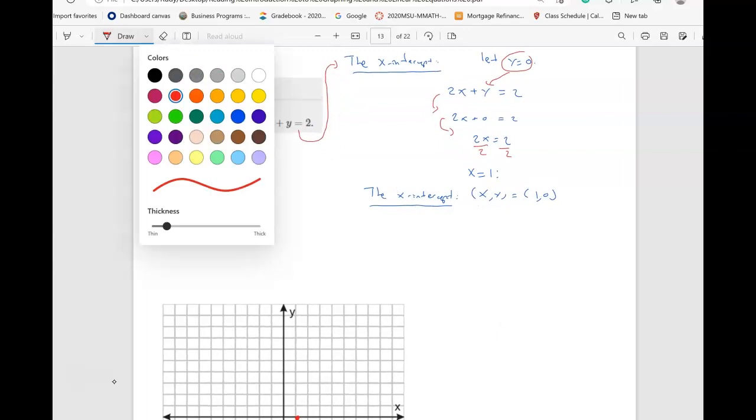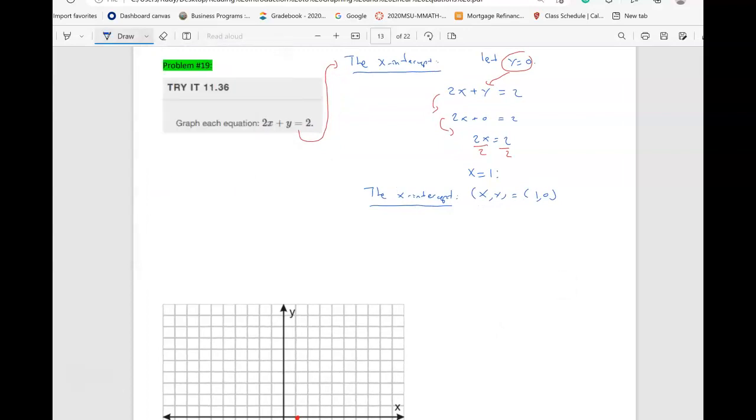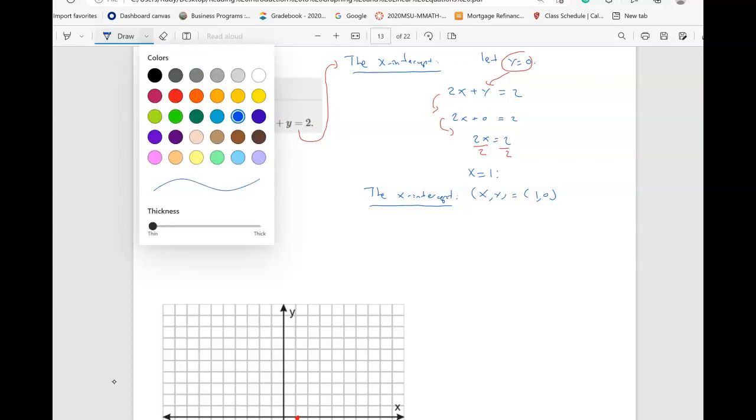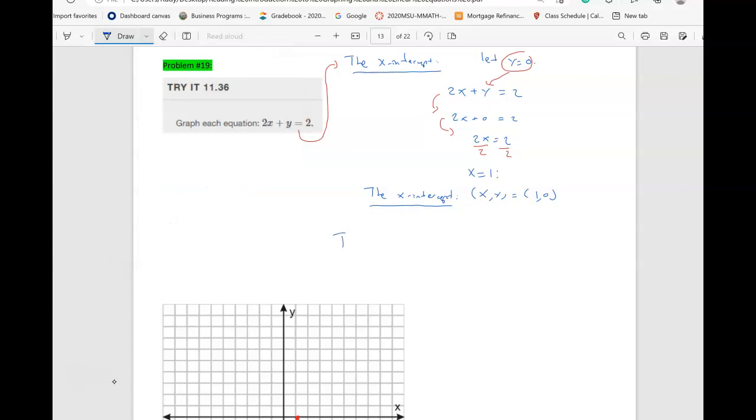And let me find now the y-intercept. So the y-intercept is going to occur when x is equal to 0.